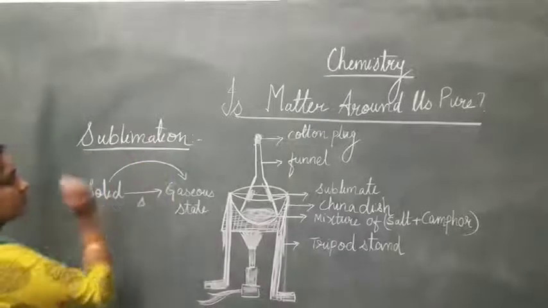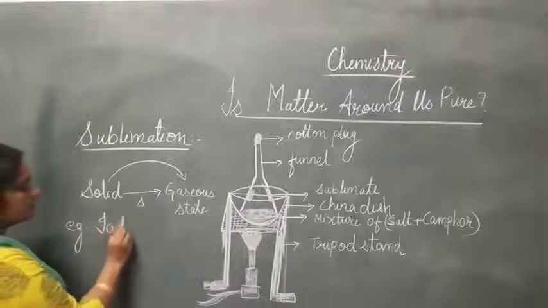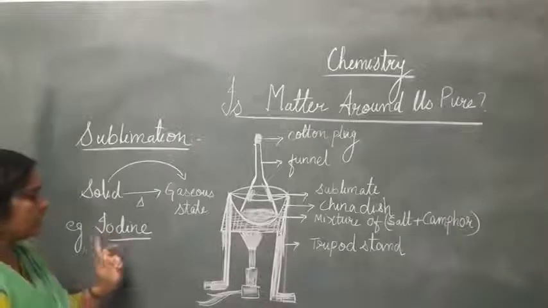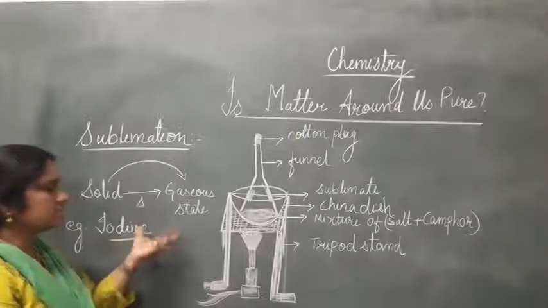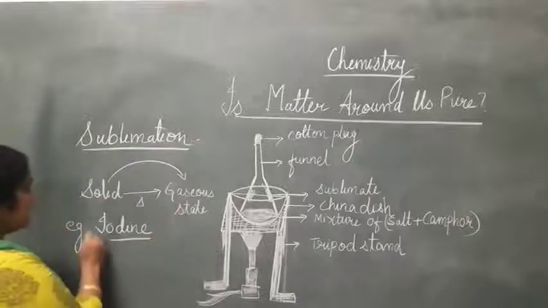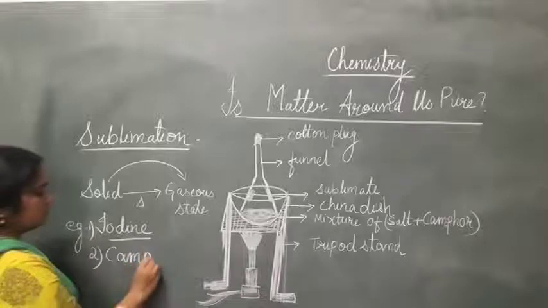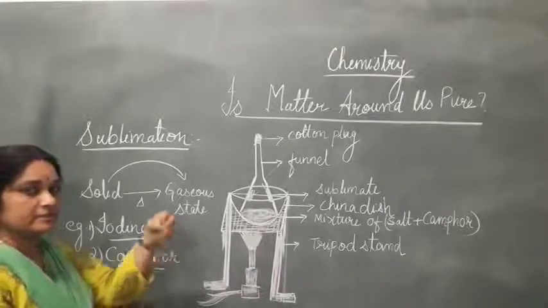Which are the examples of sublimable material? One element you must have already learned is iodine. It is a solid, and when exposed to air it converts into the gaseous state. Another sublimable substance is camphor, which you must have seen used in prayers; people burn it in temples.